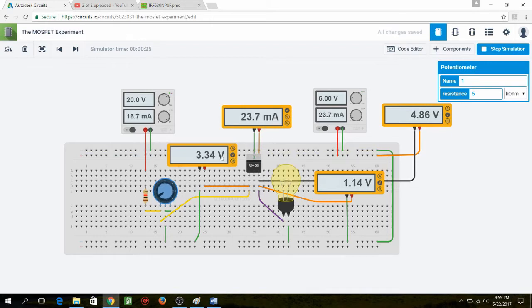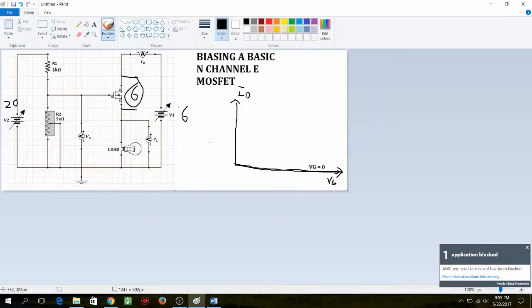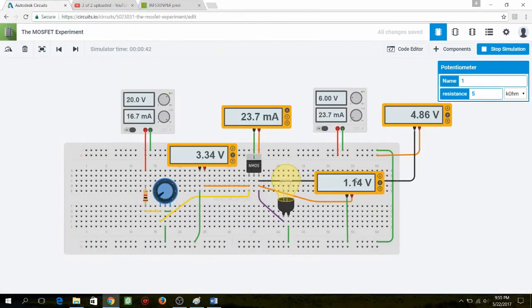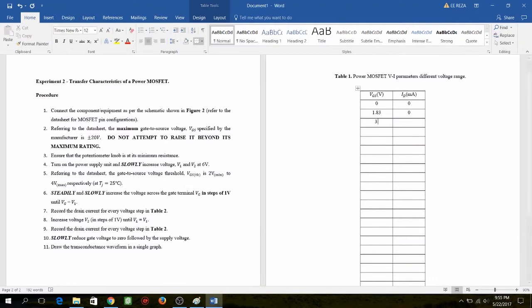Okay, seems that at 3.34 now my transistor turns on, but not fully. Remember, it's not fully on yet, because if this is fully on, all of this supply voltage will be here. Right now only some of it is here. At 3.34, my drain current is 23.7 milliamp.